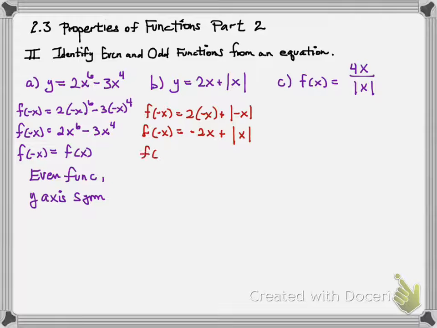F of negative x does not equal f of x. And also f of negative x does not equal the negative, we'll say negative 2x minus the absolute value of x, which would be the negative f of x.